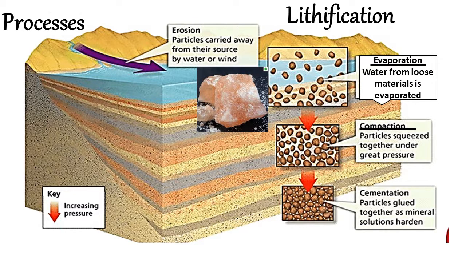Compaction is the process in which sediments, after piling up, are gradually squeezed by the weight of overlying layers and hardness of underlying layers. Sand is compacted in this way to sandstone. Next is cementation. Cementation is a process in which particles are glued together as mineral solutions harden.